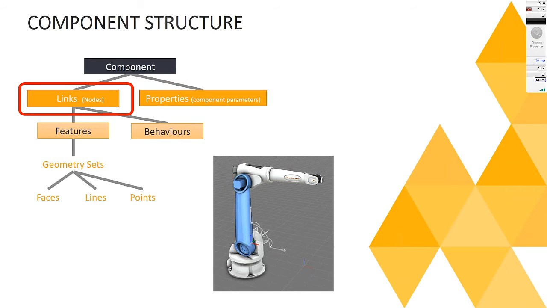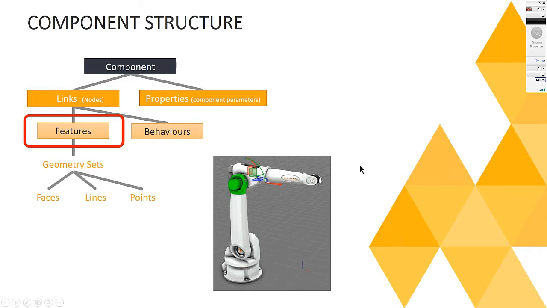It has all these links. So for example, in this picture here, we have highlighted the second link from the robot, and the 3D model of that link can be actually built out of multiple features.